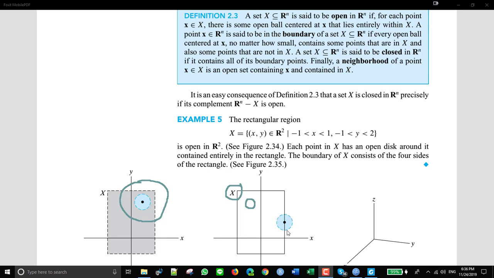Because if you take any open ball around this, you're going to have some points that are in X, and some points that are not. So suppose I had a point over here.